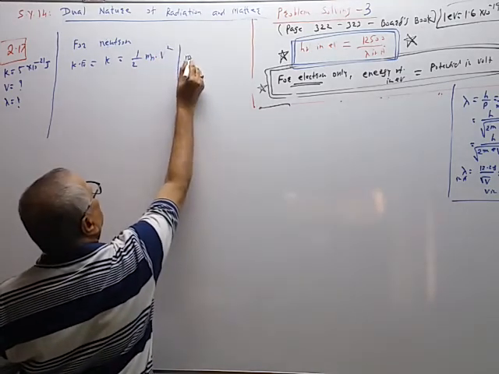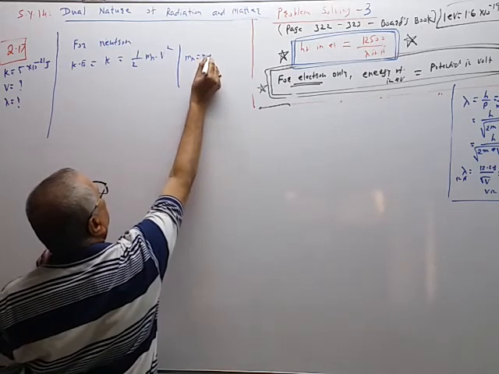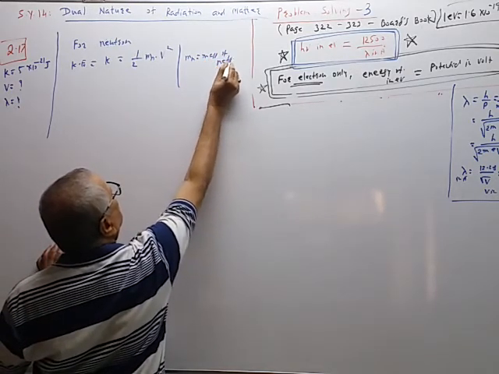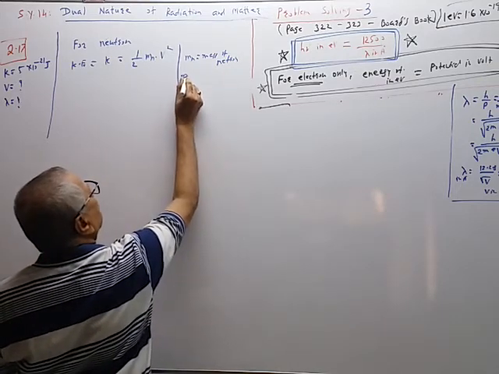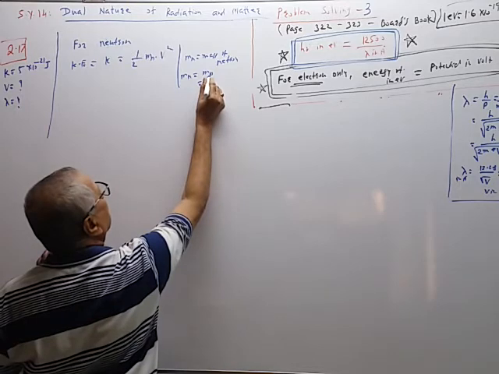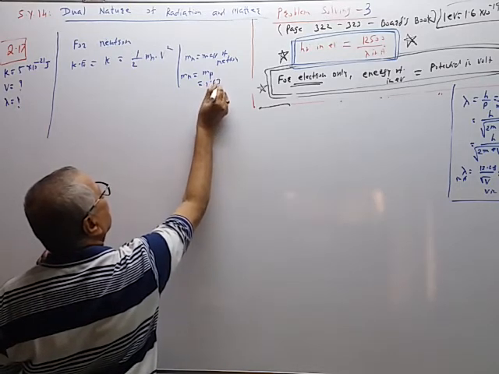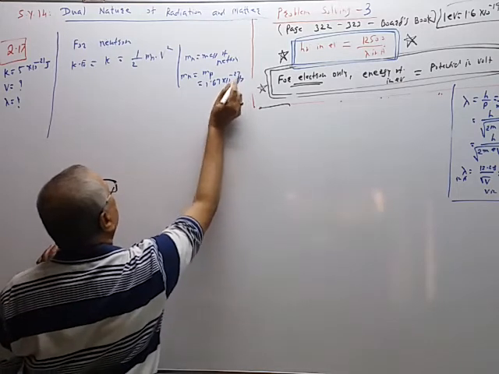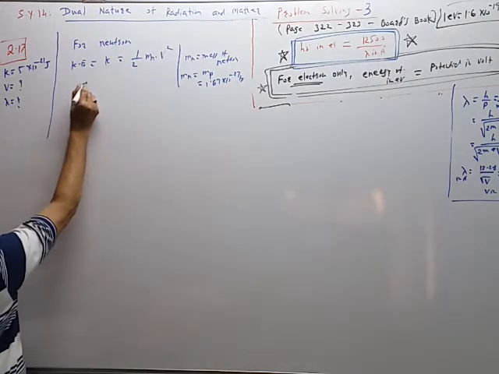Mn is the mass of the neutron. Mass of the neutron is equal to mass of the proton, which is 1.67 into 10 raised to minus 27 kilograms. So we have to find V.